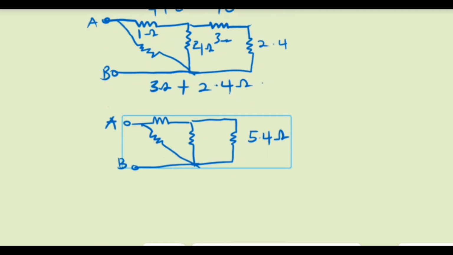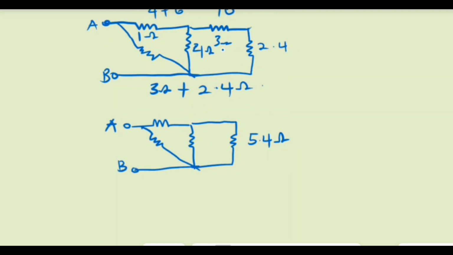So once you have this, you draw, we have 3 ohm here, sorry, this is 5.4 ohms, then this place remains 4 ohms, this place was 1 ohm, so our 1 ohm, then here was 3.3 ohm in the question, so here too is 3.3 ohm, right?